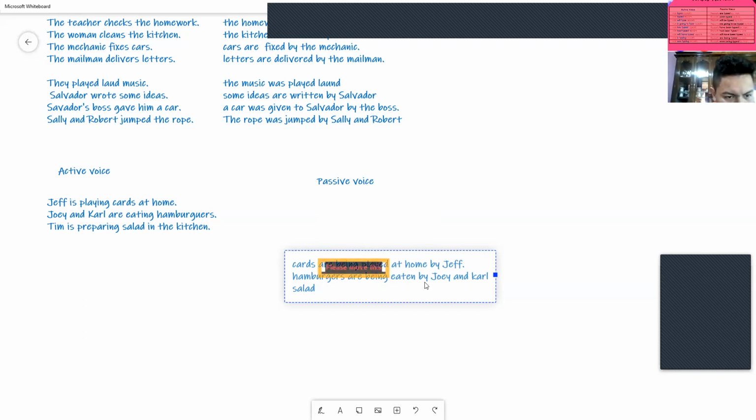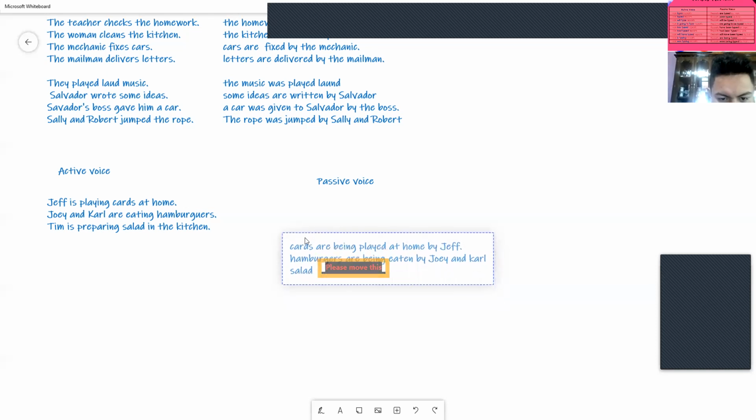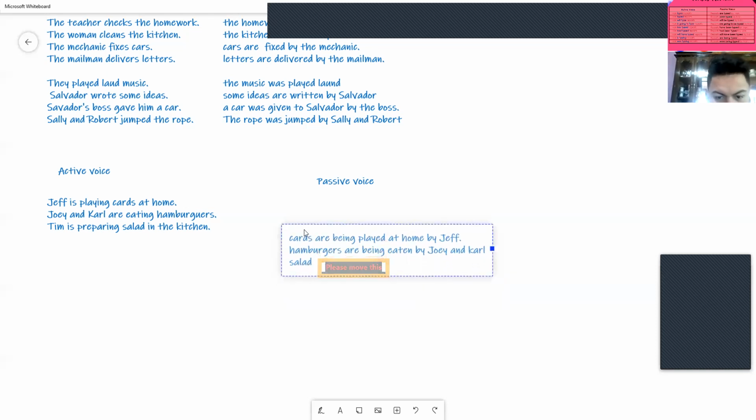But what is the active, the passive verb? Preparando. Sería preparing. No. ¿Cómo lo tienes en la de arriba? Sigue tus ejemplos de arriba. Salad. Can you count one salad, two salads, three salads? One salad, so singular.